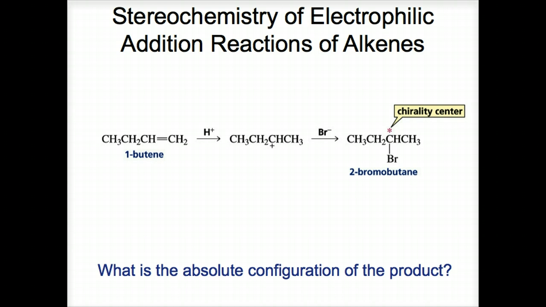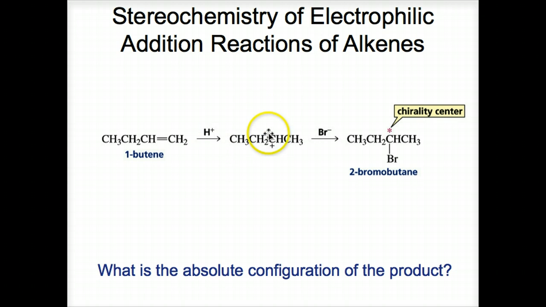Earlier we learned that when an alkene reacts with an electrophilic reagent like HBr, the major product of the addition reaction is the one obtained by adding the electrophile, the H plus positive proton, to the sp2 carbon bonded to the greater number of hydrogens, and adding the nucleophile, the negative bromide ion, to the other sp2 carbon. Here we've got 1-butene. There is no asymmetric carbon in this compound.